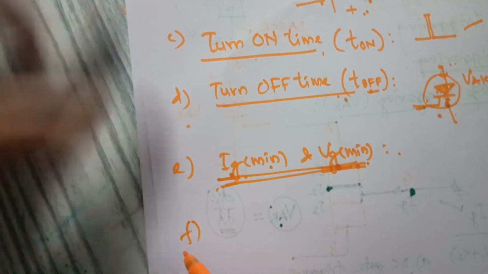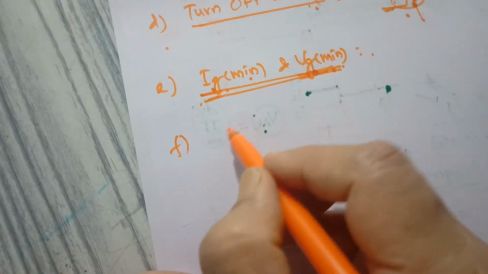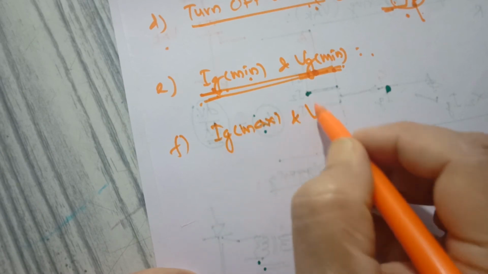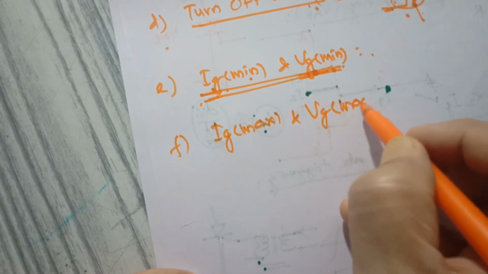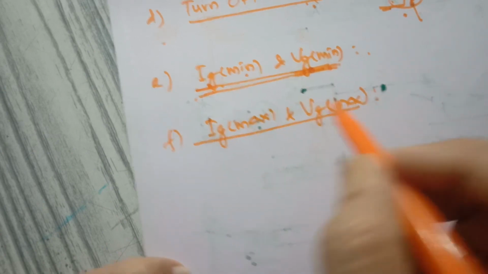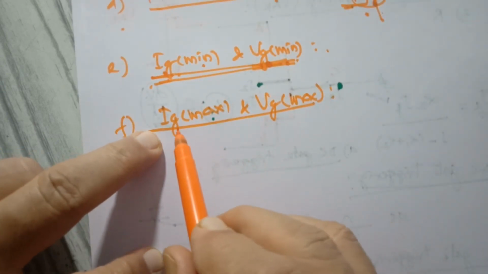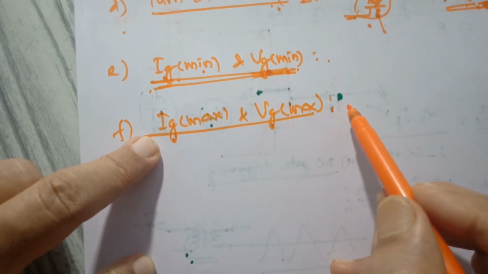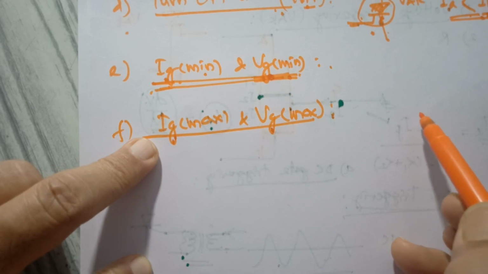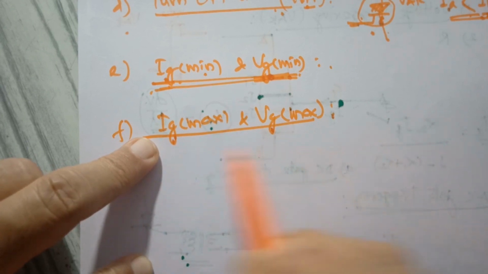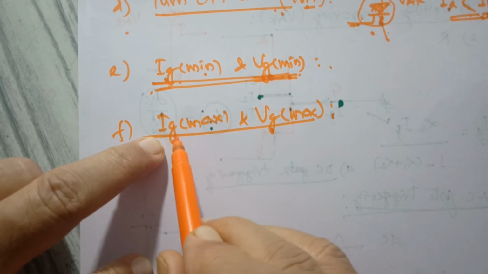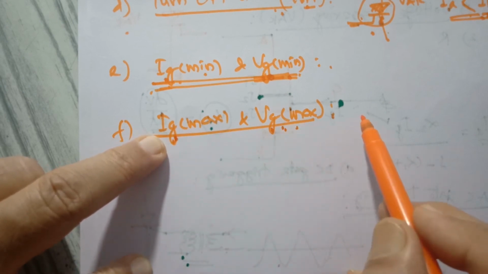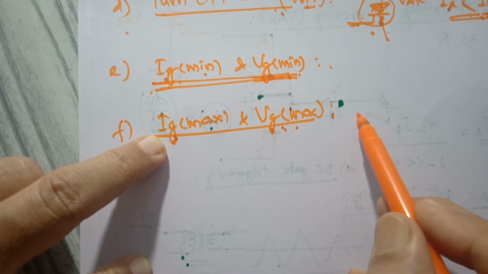And there is one more parameter, IG max and VG max. As the name indicates, these are the maximum values of gate current and gate voltage that the SCR can tolerate. It means that if you trigger the SCR with more current or more voltage than this, the gate junction of the SCR may get damaged.